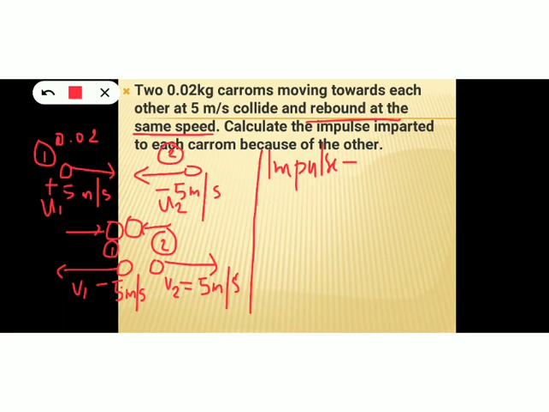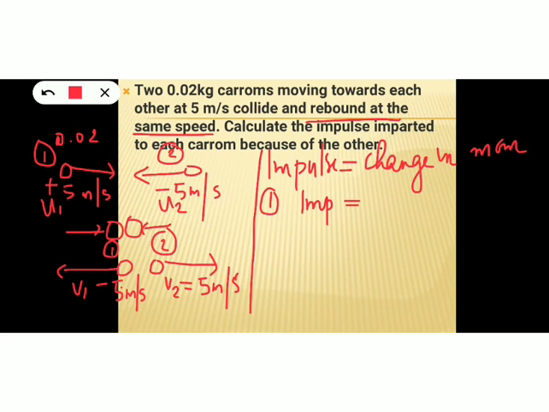Impulse is equal to change in momentum. So for the first carom, what will be the impulse? For the first carom, impulse will be change in momentum, that means final momentum minus initial momentum.